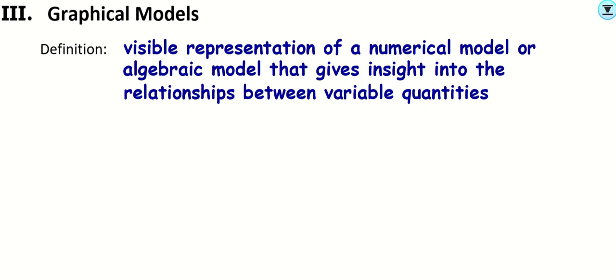So we can talk about graphical models. A graphical model or a graphical approach, I'm sure you're probably guessing it, is going to use a graph. So not numbers in a table, not the equation or the formula, but just the visible representation of a model that gives insight into the relationship between variable quantities.